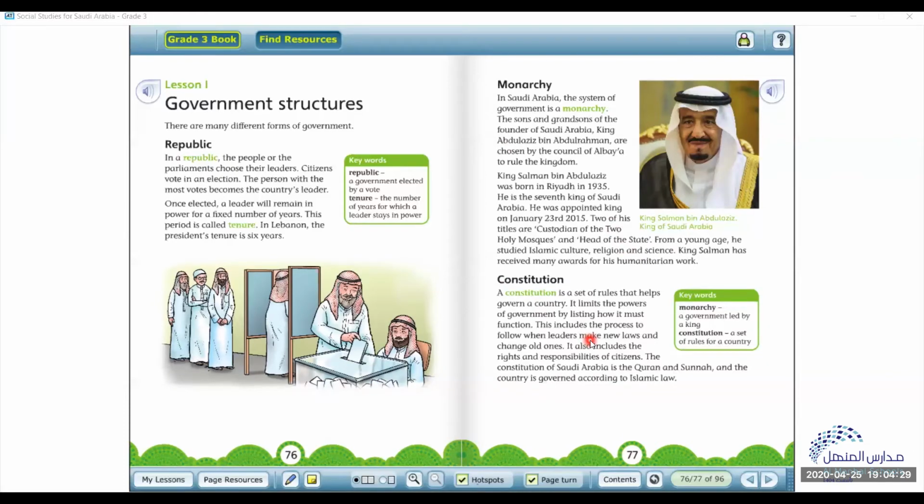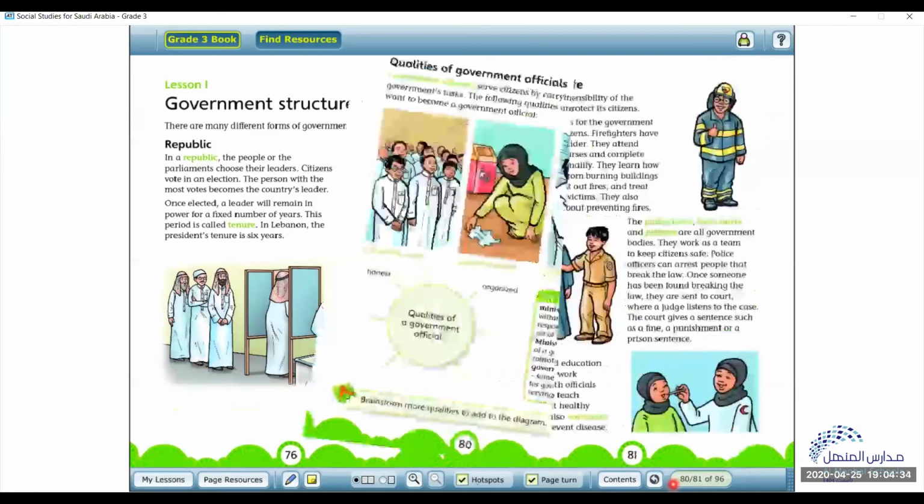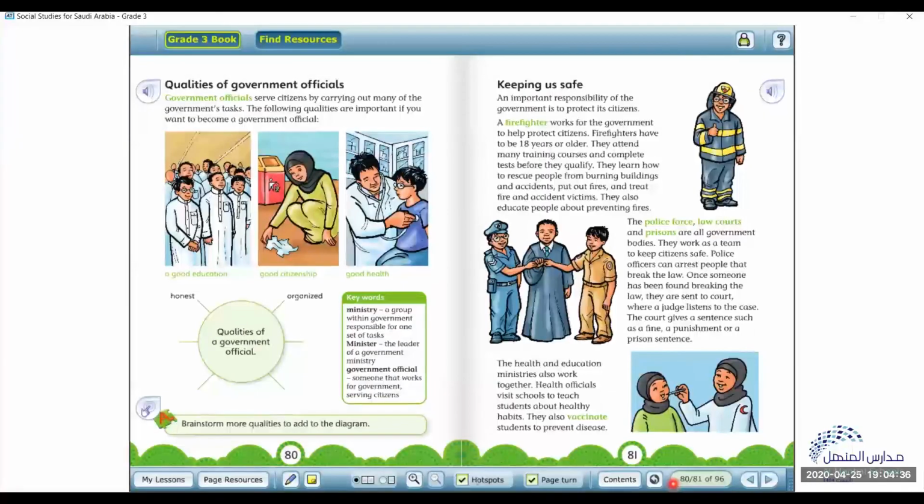The next page we are going to go over is page number 80. Page number 80 is about government officials, so working for the government. We need to know what the following words mean. A government official serves citizens by carrying out many of the government's tasks. Over here you'll find the same word, government official, someone that works for the government serving citizens. That is fairly simple. And then also the word minister, the leader of a government ministry.